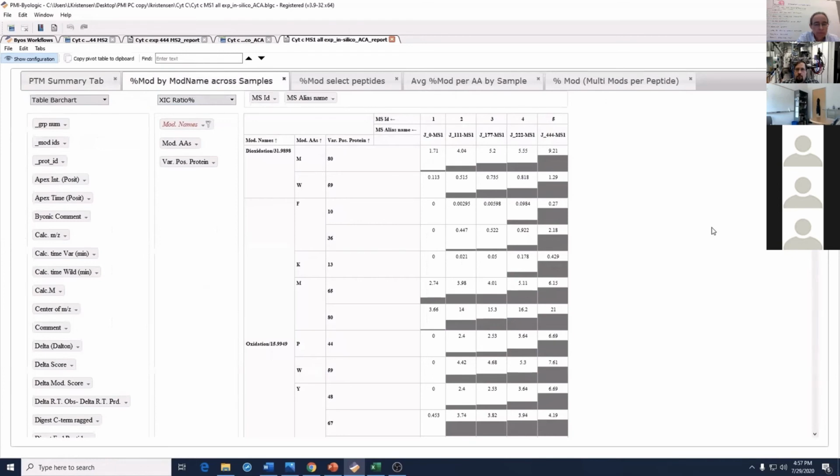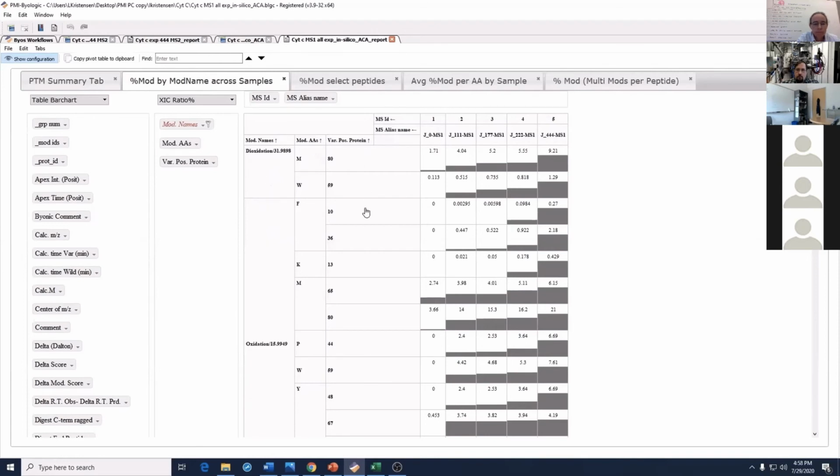we have a pivot table with all 5 samples listed here in the top row, and they are listed in order of increasing exposure time. And then in terms of the column fields that have been brought in, we have the type of modification here. It's dioxidation and oxidation.